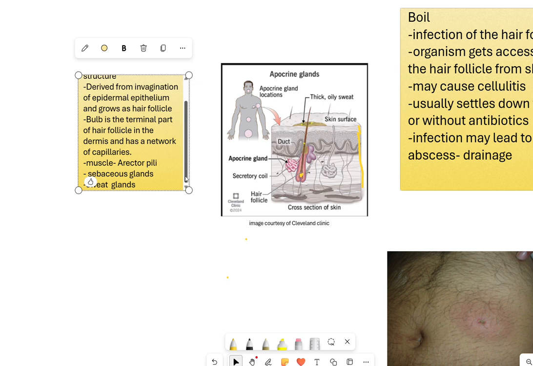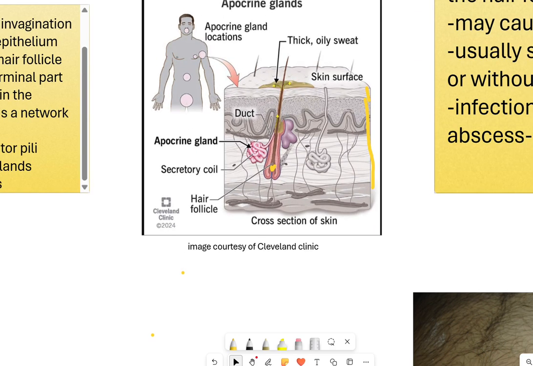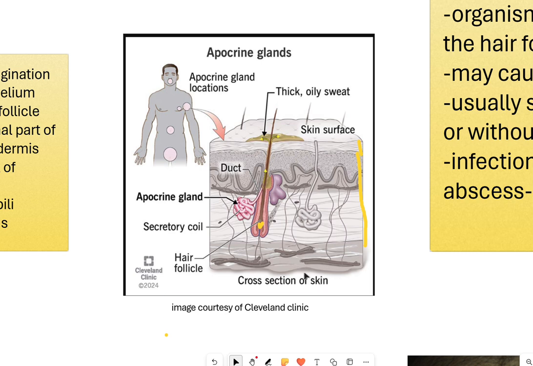Now I've taken an image courtesy of Cleveland Clinic to show you what are apocrine glands and what is the structure of the hair follicle. So to start with, from here to here is the epidermis, and from here to here is the dermis, and below is the subcutaneous tissue.